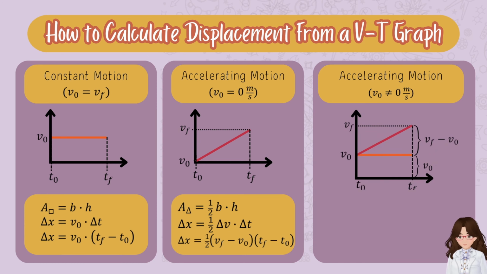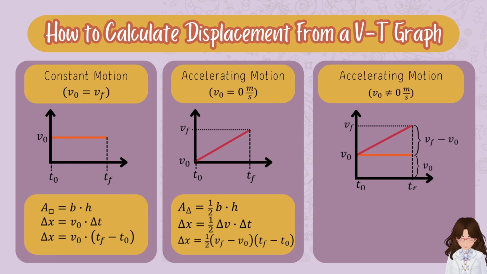Now, the last scenario is the most complex, which is the case where your V naught is not 0, right? This means that your initial velocity is greater than 0. And in this case, what's going to happen is you're going to see that you start above the x-axis or below. And what that means is that you're going to end up having two different shapes.